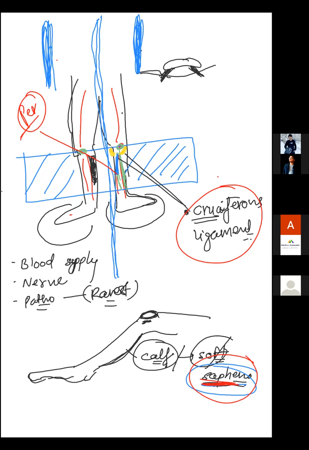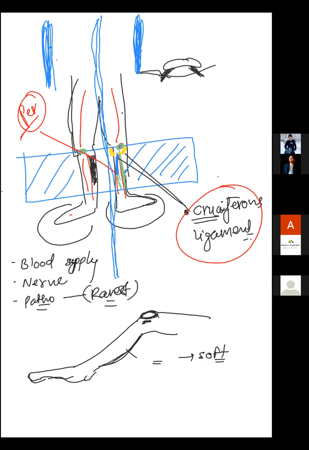Okay. Now, the third thing in anatomy: I think everyone knows the anatomical position of the abdomen. If you don't know, here I'm quickly telling you a trick for how to remember.